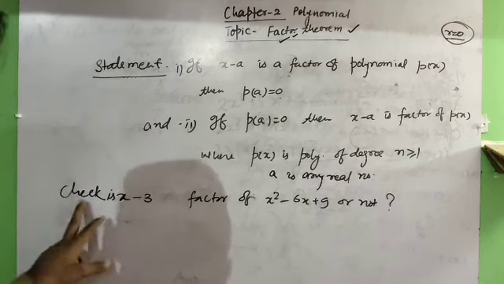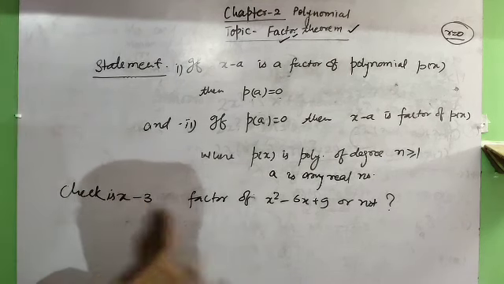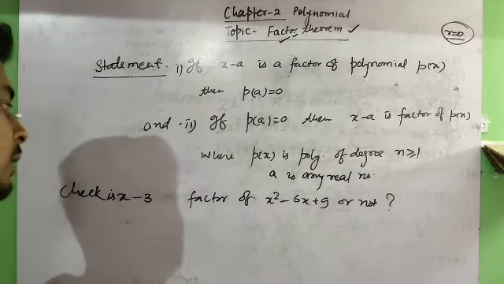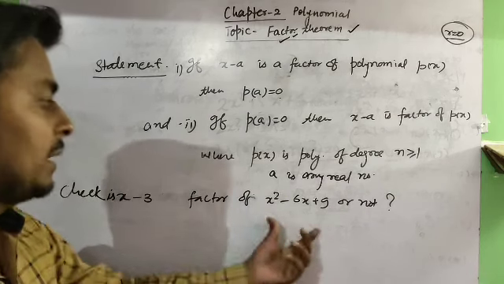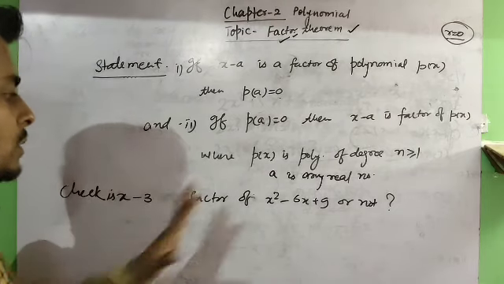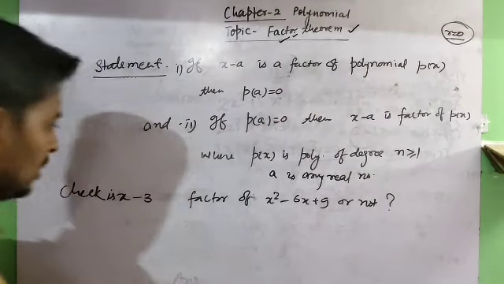Now in this question you will not proceed to divide this polynomial by this, and in the end when the remainder is 0, say this is a factor because it is dividing. No need to go through the complete process. We will use this factor theorem or factorization theorem.